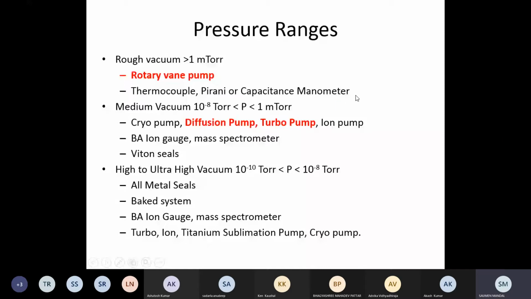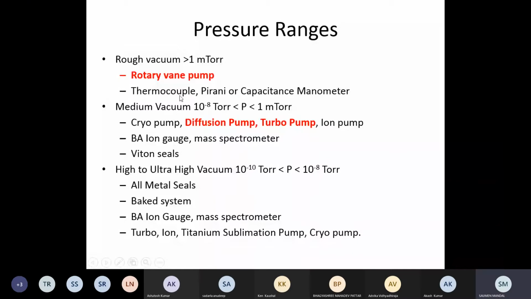Second, in the medium vacuum range, cryopump, diffusion pump, turbomolecular pump, ion pump. Now why did I put them in red color? Because these are the most widely used pumps in the deposition unit. In this case, BA ion gauge and mass spectrometer are the gauges being used.